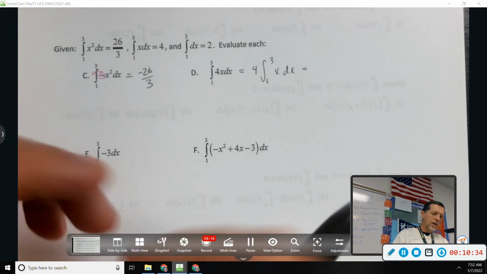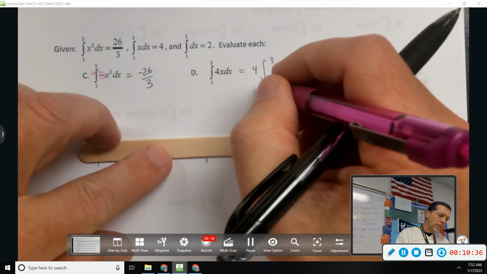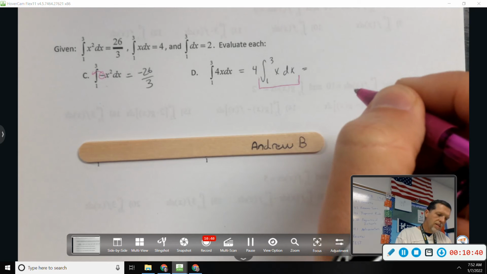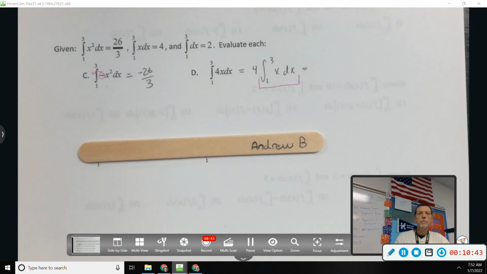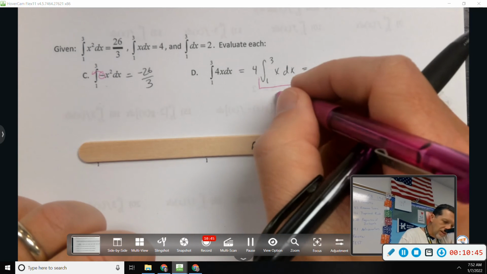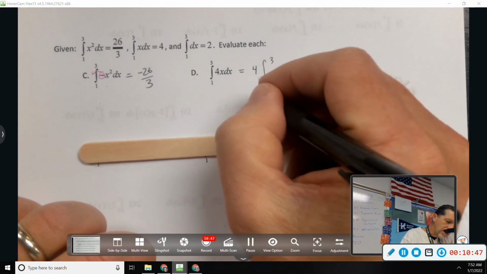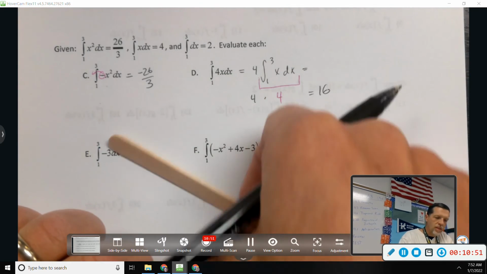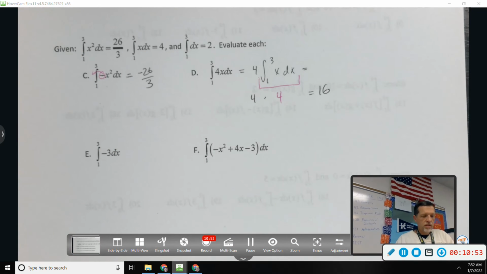So Andrew, what would my final answer be then after I move the 4 out front? 16, because what's left is 4. There's a 4 out front, so 16. And that's showing a lot of steps. After you do some of these, you're just going to jump to 16, and that would be okay as well.